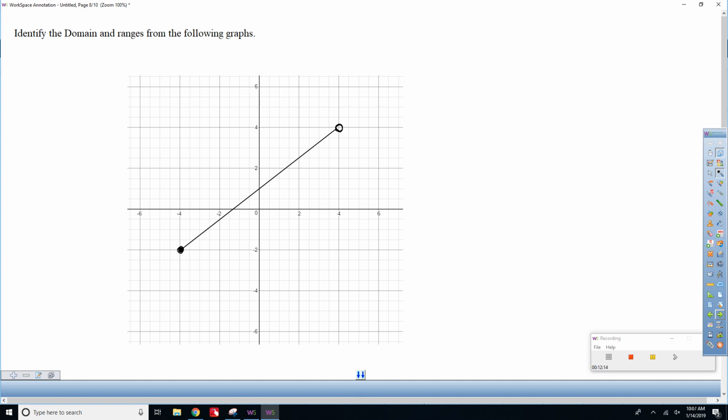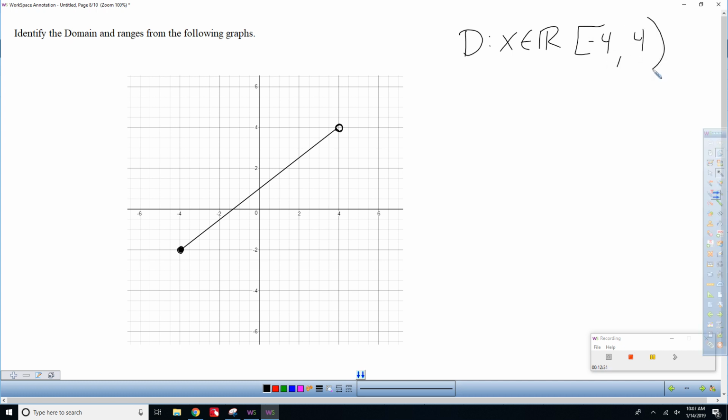Okay, so for the domain, x is a real number, and it goes from negative 4 to positive 4, but it can't be positive 4. Or you could say x is greater than or equal to negative 4 and just less than positive 4.